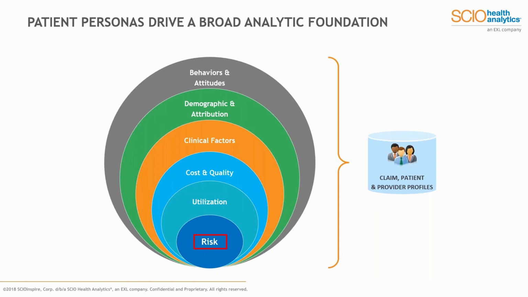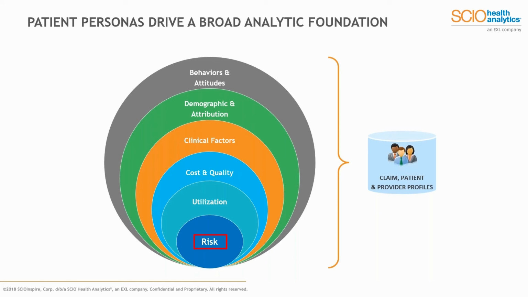Risk, and again, this is a conversation we have with a number of clients, means a lot of different things to a lot of different people, especially in this time and age. As we and our clients define risk, it is the risk of a patient persona.